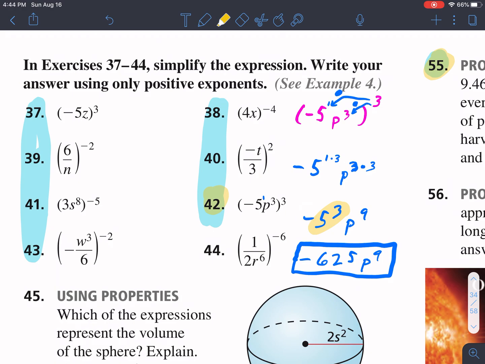Remember, the only time you include the negative is if I had it like this. If I take off the highlighter, you guys can see. Negative 5 to the 3rd. That's when you include the negative. But because the negative was on the outside, there was no parentheses. That means technically the negative is on the outside. So you only do 5 to the 3. So this is how it should work.